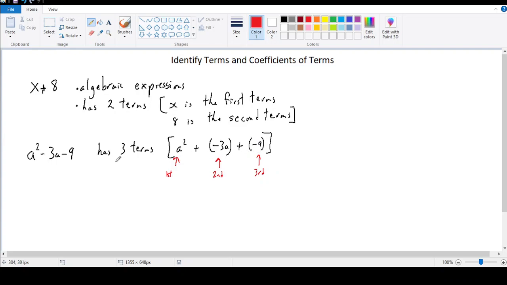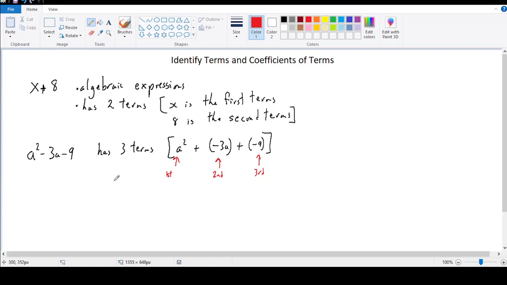In general, a term is a product, or quotient, of numbers and or variables. A single number by itself, such as 8, or a variable, such as x, is also a term.